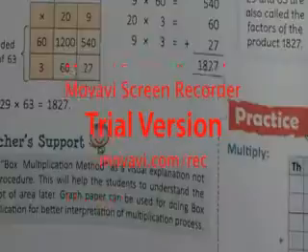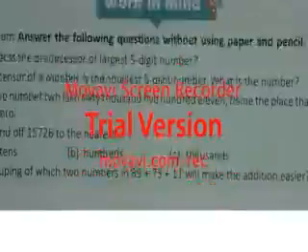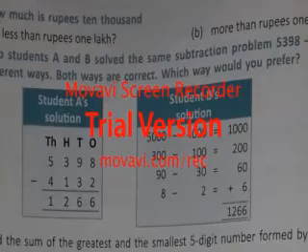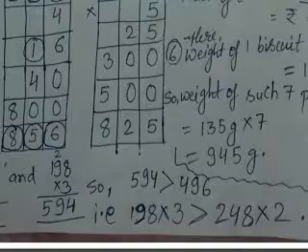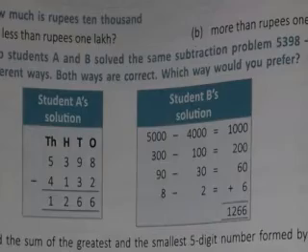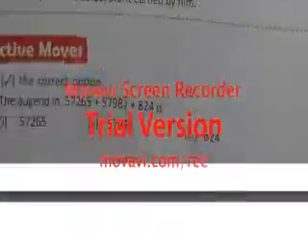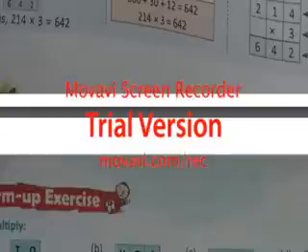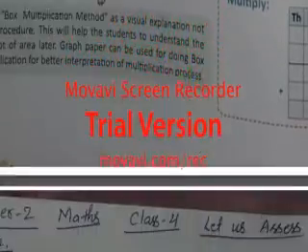After this, chapter 3 will start. Okay. This is a scrolling method.